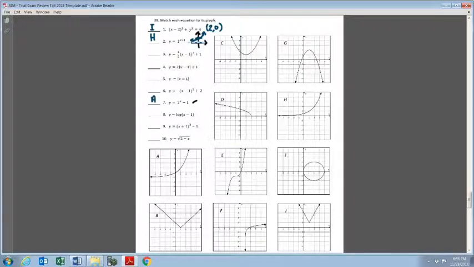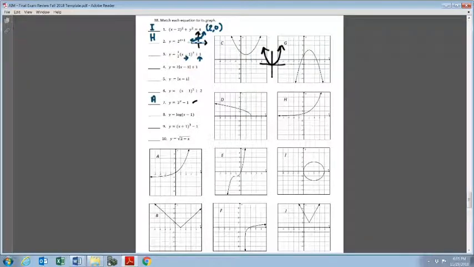Number 3 is going to be a parabola. It's currently in vertex form, and notice we could find the vertex of the parabola. It would be at 1, 1. Normally, for a parabola, the vertex is at 0, 0.